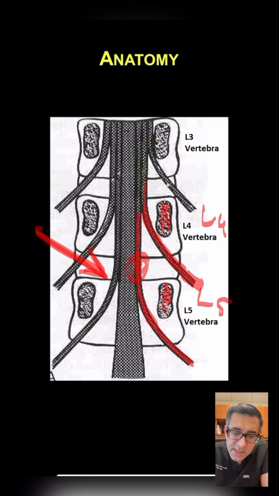If the patient has a foraminal disc herniation, it is essentially going to be at this location. This will compress the L4 nerve. And if the disc herniation is extraforaminal, kind of outside here, this is going to compress also the L4 nerve. All right, so depending on the location of the disc herniation, it can compress different nerves.